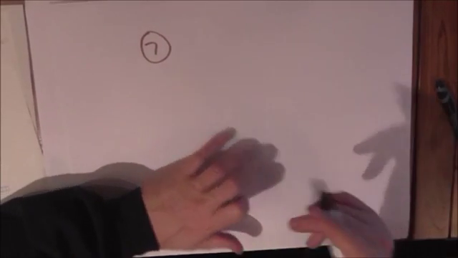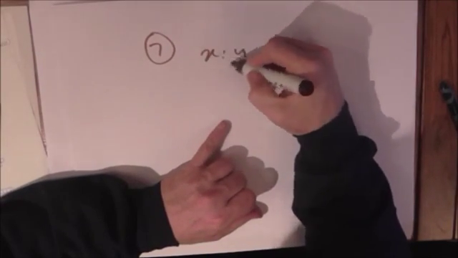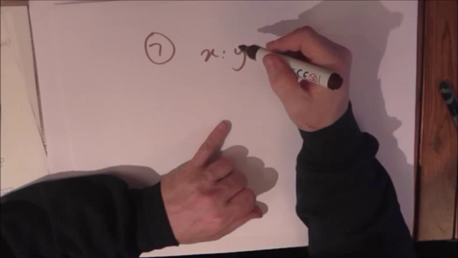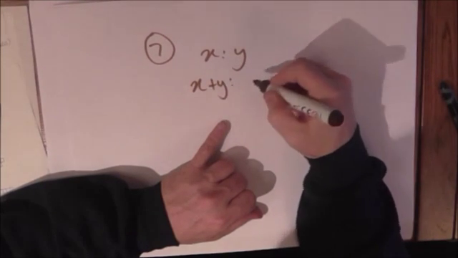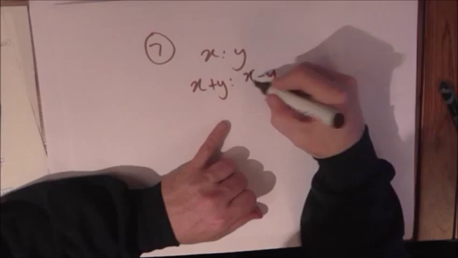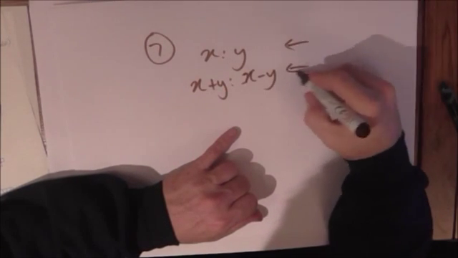Question number 7. The ratio of two positive numbers, let's call them x and y, equals the ratio of their sum to their difference. So we'll say x is the bigger one. So these are the same.